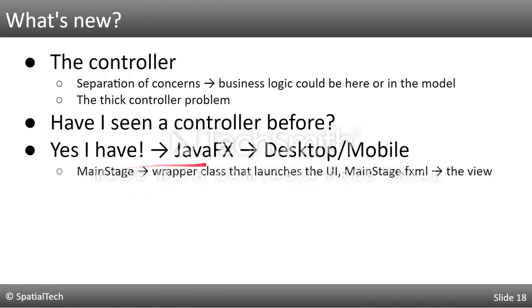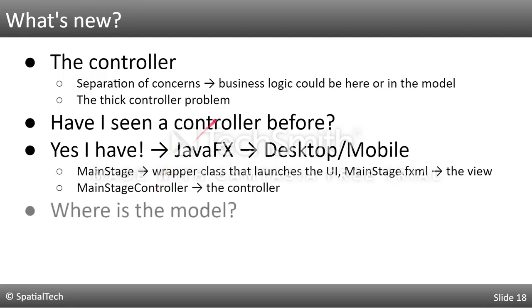And so when I was teaching 7010 in Java, we'd have a little wrapper class called main stage that would launch the whole application. We'd actually have a controller class called the main stage controller, and then we'd also have a main stage fxml.